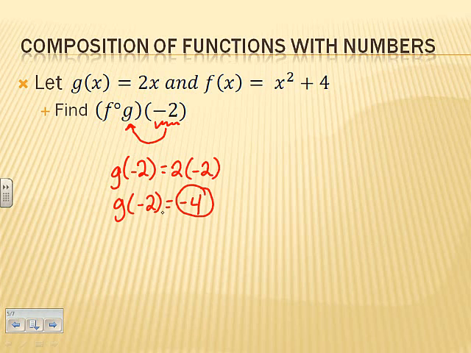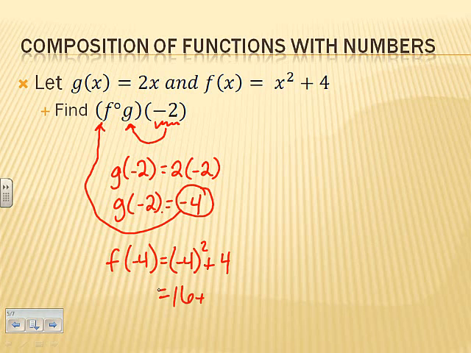Then we take that answer and we plug it in to the f function. So then it becomes f of negative 4 equals negative 4 squared plus 4. Negative 4 squared is 16. 16 plus 4 is 20. So the whole answer is 20.